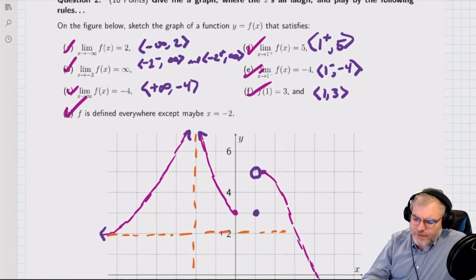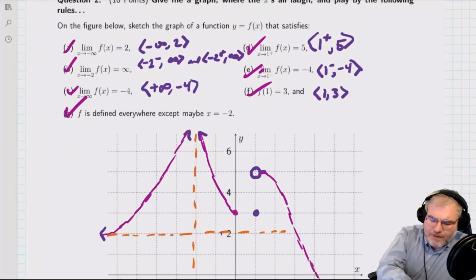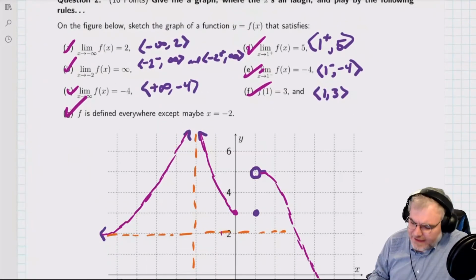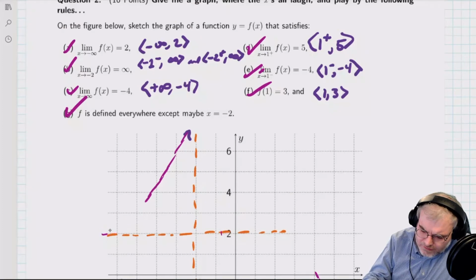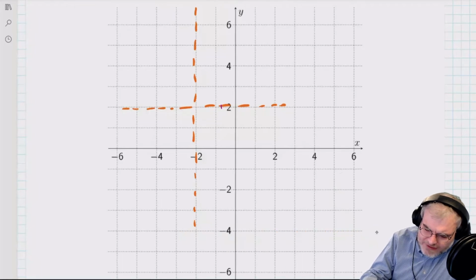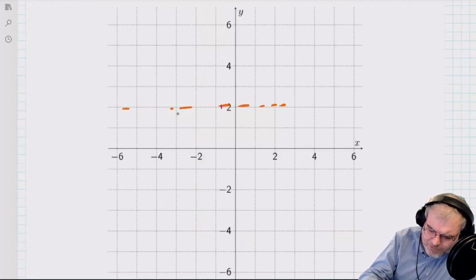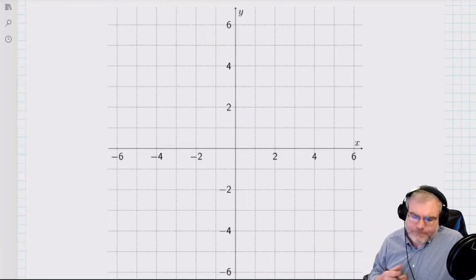So what I want to do is graph a single function that meets all of these conditions. Let me erase it and show you what I did as a thought process. My thought process is this: I'm going to treat infinity as a number.